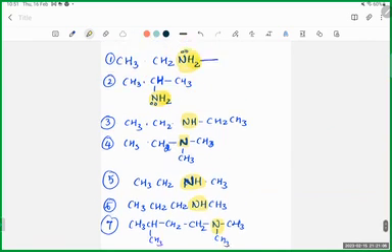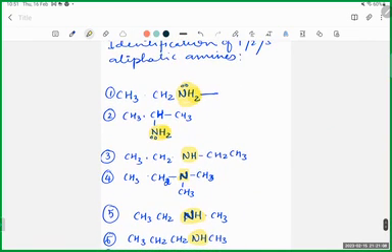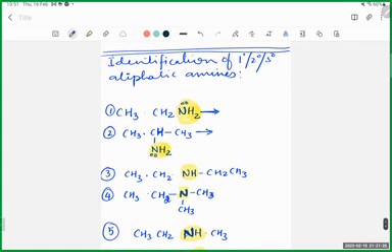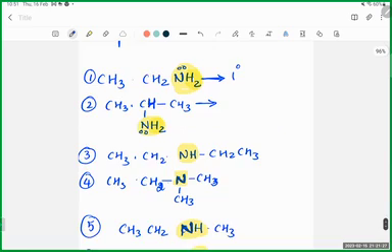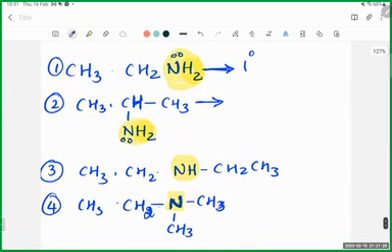1, 2, and 3. Which type of amine is the first one, Hridaya? 1 degree. Second one? 1 degree. Well done.